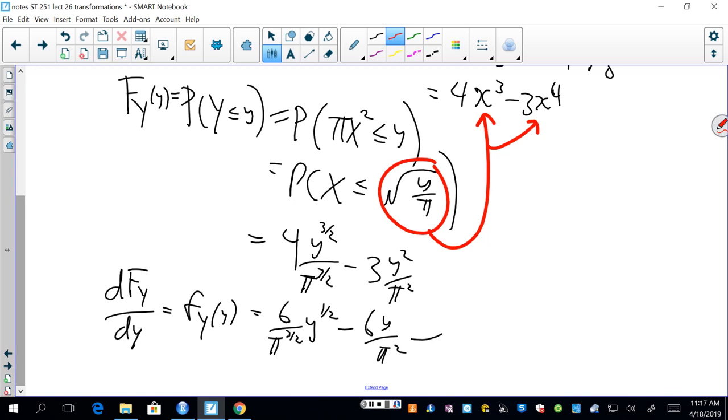If you try to simplify it a little bit, you could pull out a pi to the 3/2 out of each one, and a 6 out of each one of those, and you would be left with the square root of y you could pull out, and then 1 minus y over pi, square root of all that.